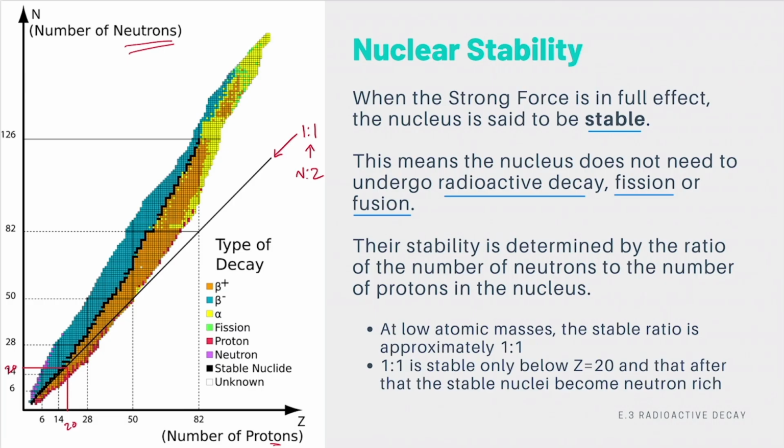Within the mass number of 20, stable nuclei have a ratio of 1 to 1 of neutrons to protons. As you go further up the graph, we start to see that 1 to 1 ratio diverging, and there are more neutrons than protons in our stable nuclide.